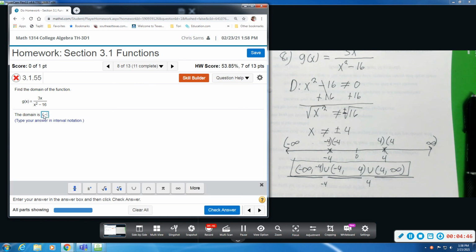So we have negative infinity up to negative 4, and then union, negative 4 to positive 4, and then union, 4 up to infinity.